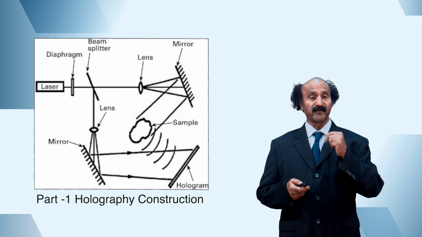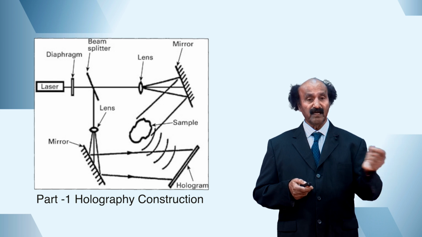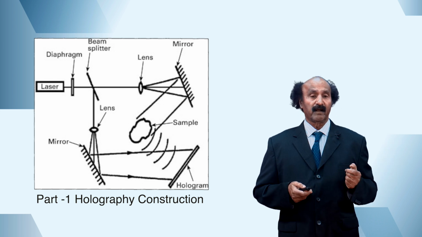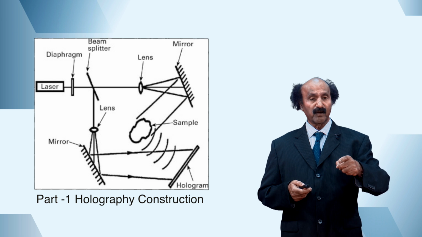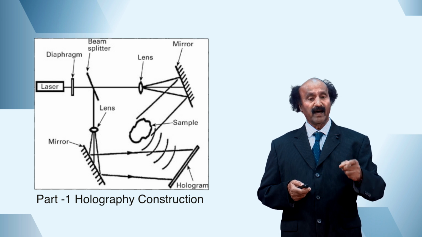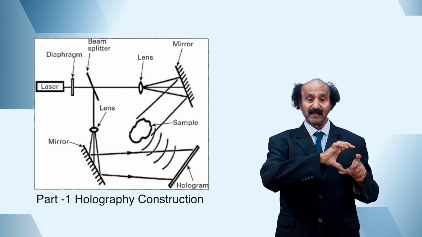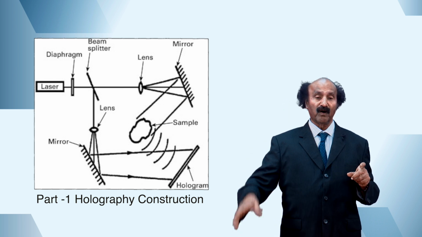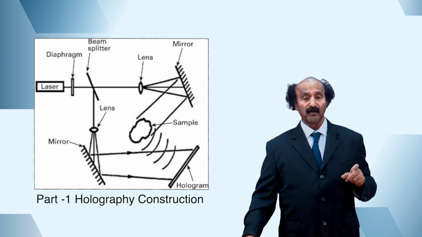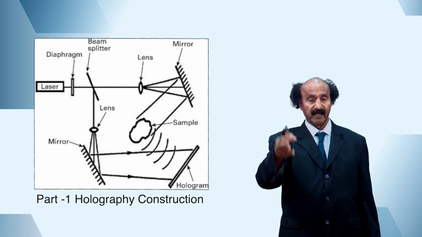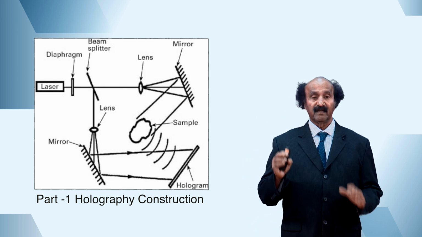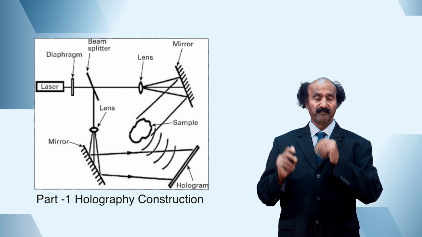One part is the reference beam, which goes straight to a reflector mirror, then another reflector mirror, and then it falls on a lens. The lens just expands the beam and allows it to fall on the photographic plate kept at the bottom. This is called the reference beam.